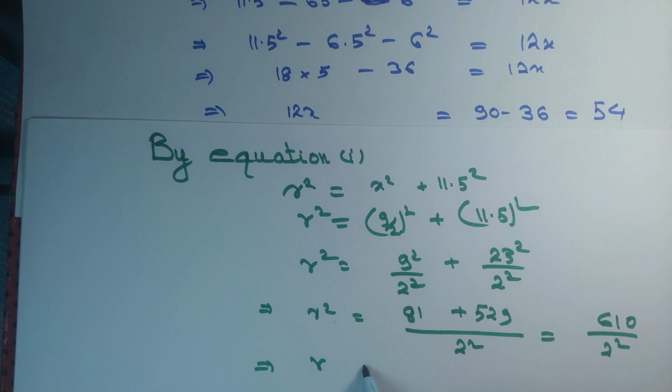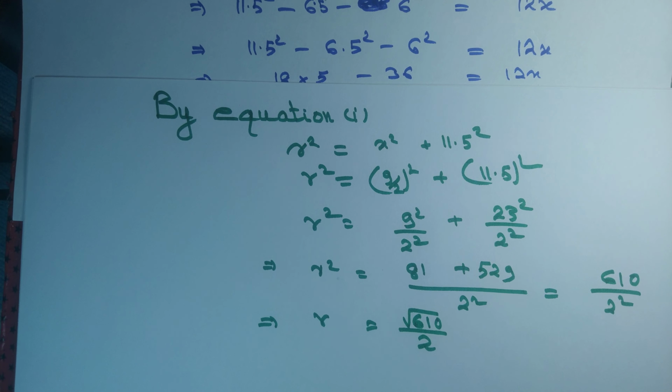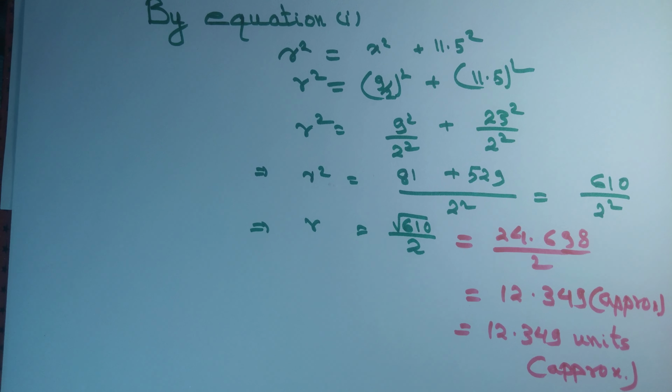So R equals square root of 610 by 2. That's approximately equal to 24.69 by 2. So that's equal to 12.349 units approximately.